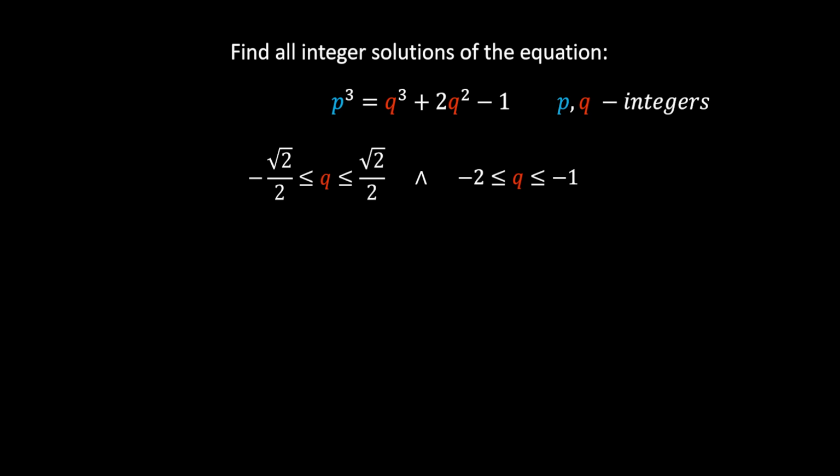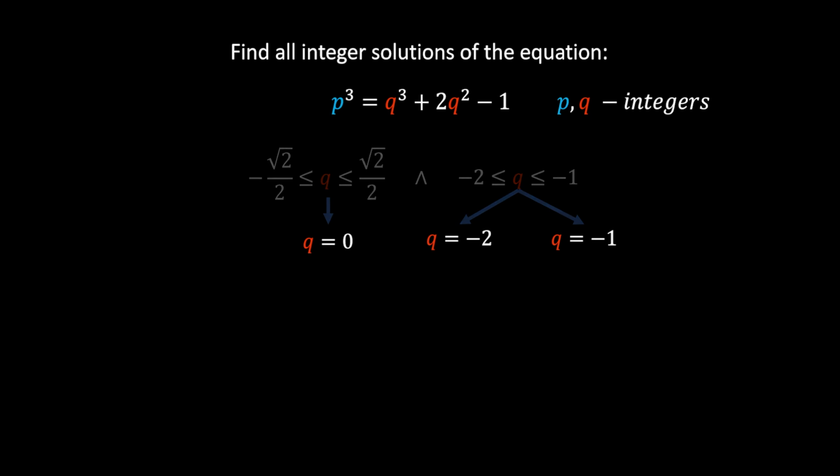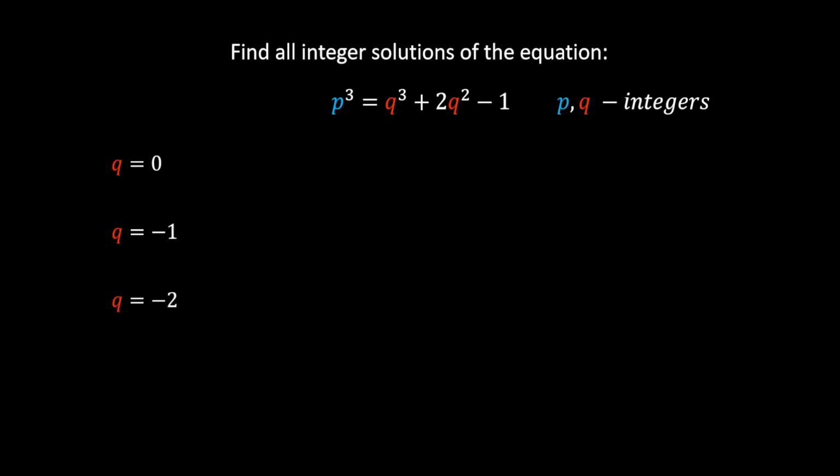If we take a look at the left one, the only possible integer between minus root 2 over 2 and plus root 2 over 2 is actually 0. And for the right side, the only possible integers are minus 2 and minus 1, since both of them are included inside our condition. And as you can see, we now have the values for q.